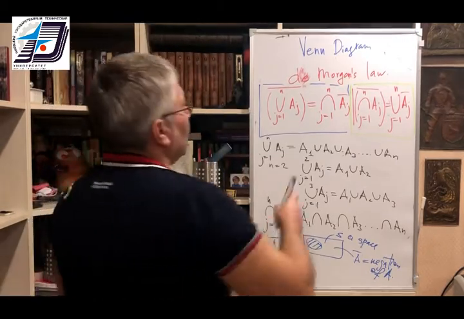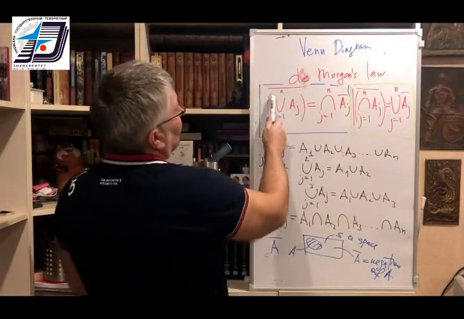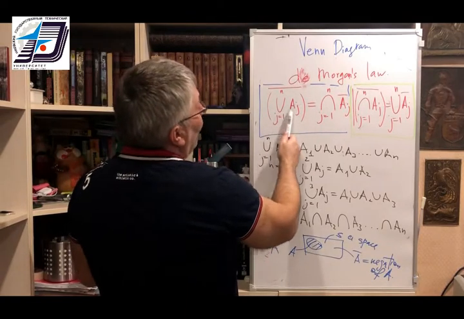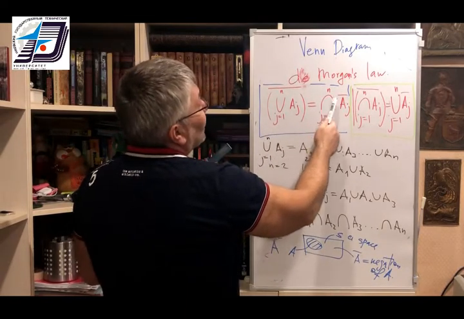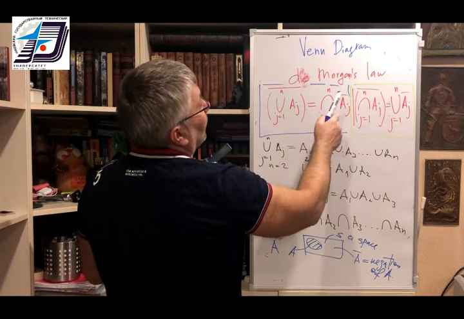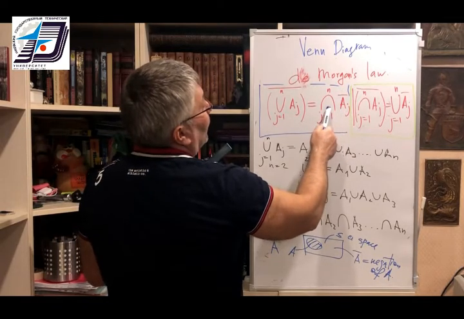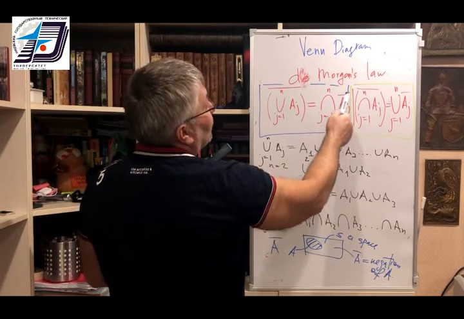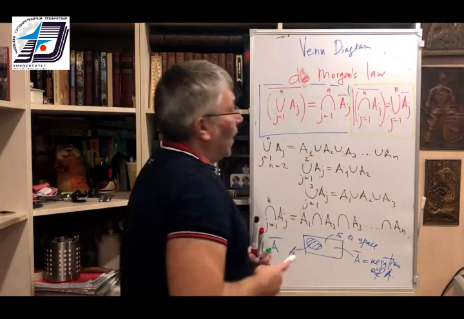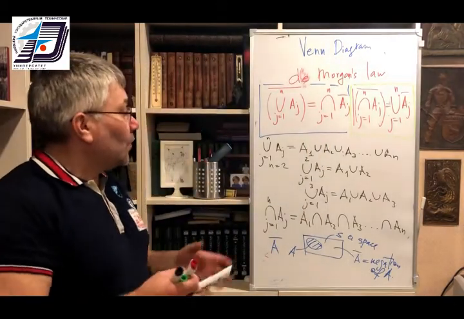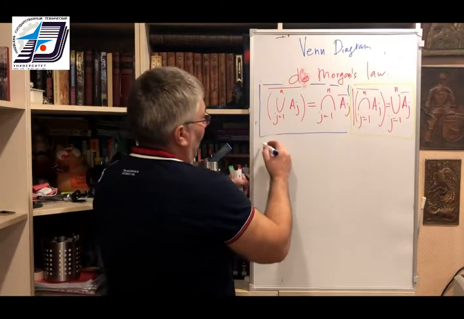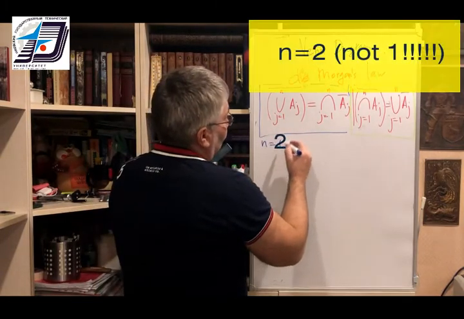So what does De Morgan's law mean? Negation of the set of all the or operations gives the set of and operations between the negations of the A's. And now we try to explain how it works. For example, n equal 2.